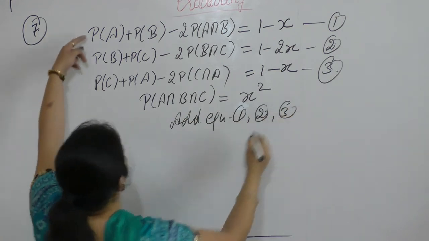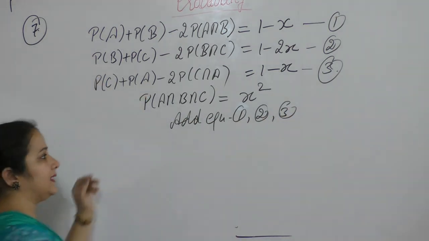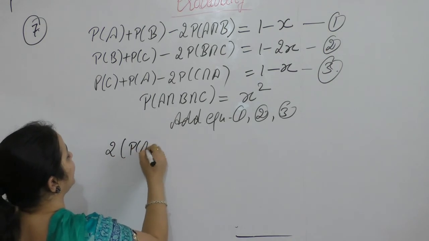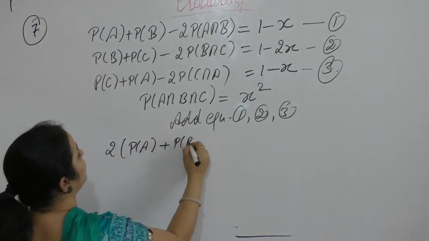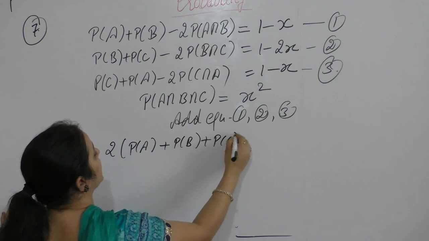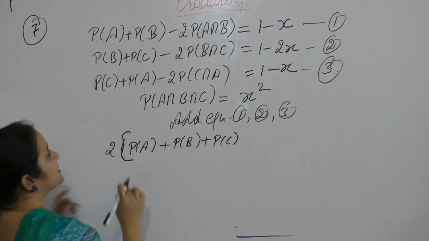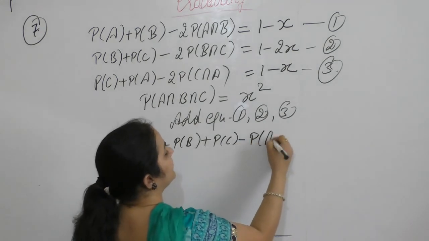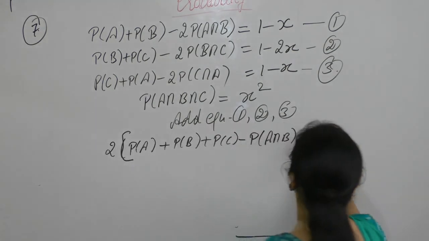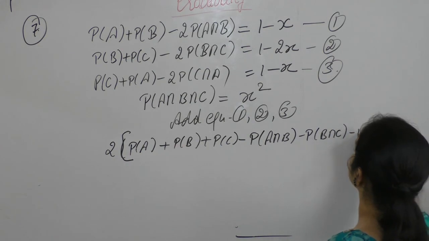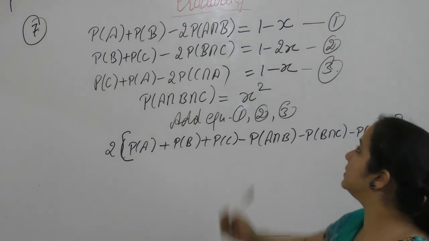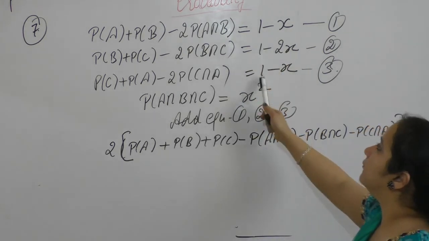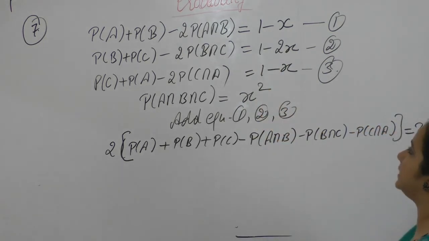After adding, what do we get? 2 times probability A plus 2 times probability B, 2 times probability C. Taking 2 common, minus probability A intersection B minus probability B intersection C minus probability C intersection A is equal to, adding all these terms, 1 plus 2 plus 1 is 4, and 4x.